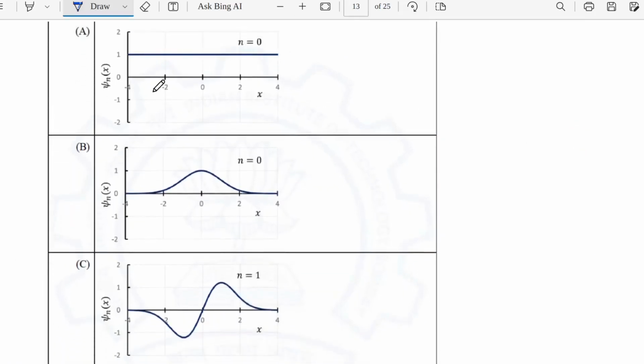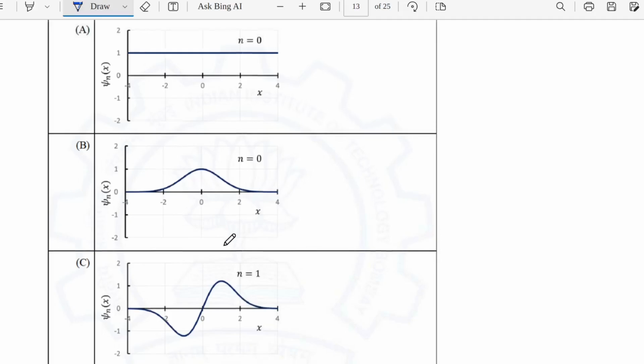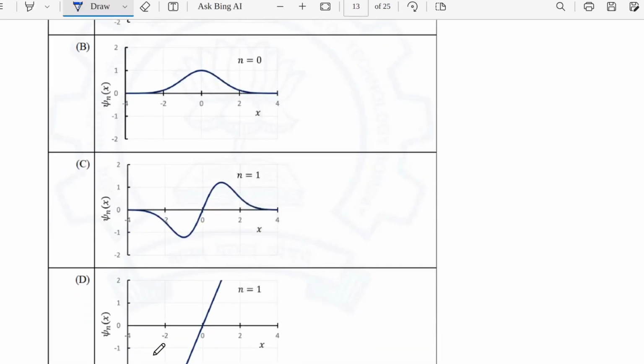You can see that it is the plot between psi_n(x) and x. In the first option, the plot for n equals 0 is giving a straight line. For B it is giving this type, and then for C it is giving like that. And you can see that n is given here, n equals 0 and n equals 1.